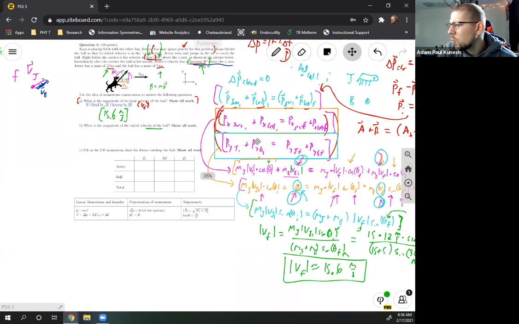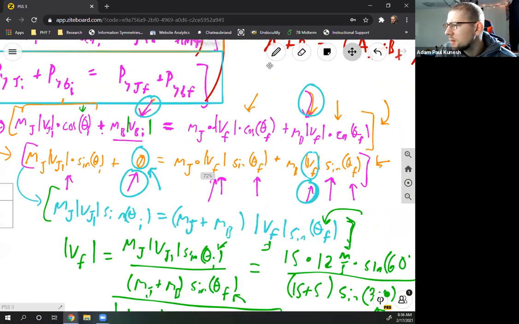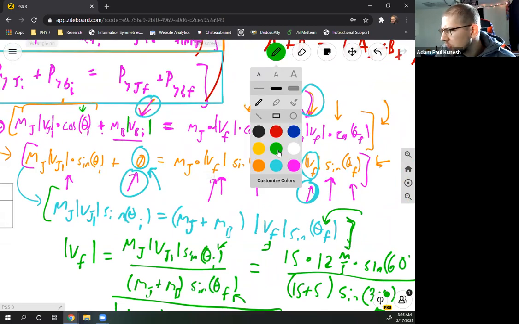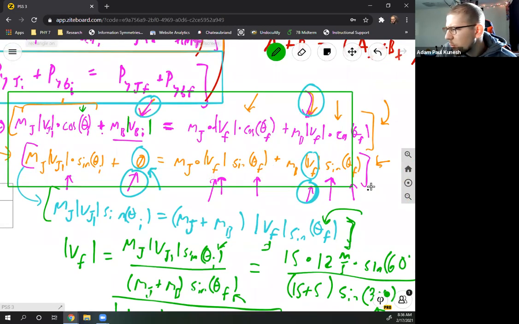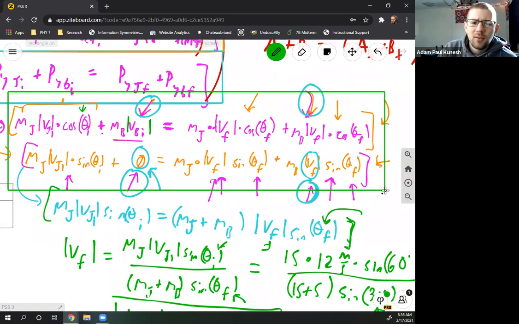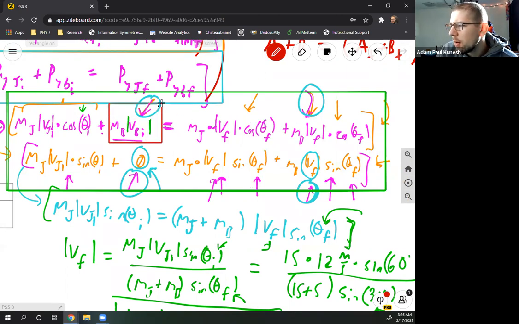Recall that in our expressions for momentum conservation in the x direction and the y direction, the problem with the x direction was that we didn't know the initial velocity of the ball or the final velocity of the two, so we couldn't solve for anything.